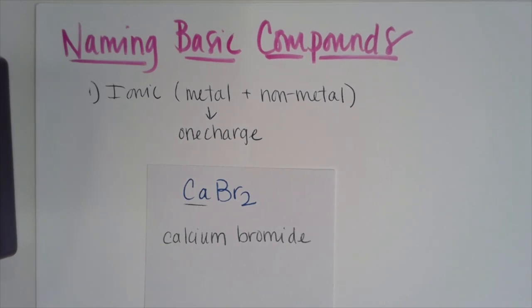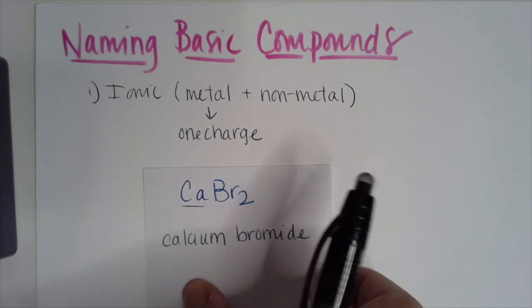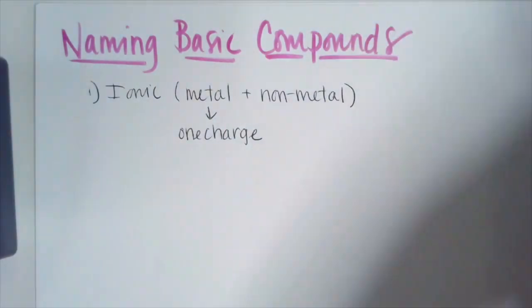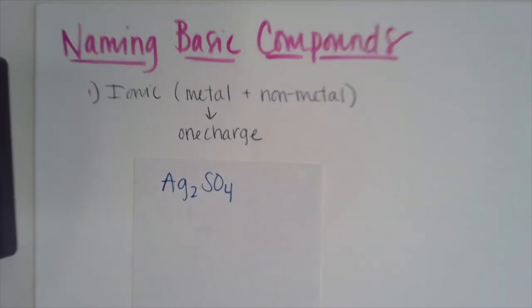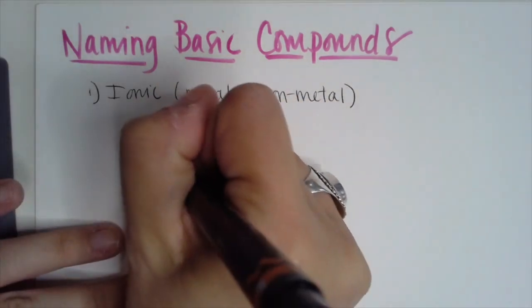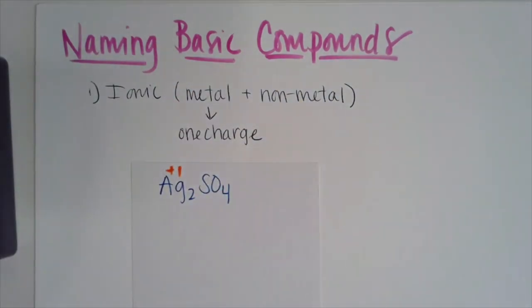Let's do another one. The only thing is we have a polyatomic ion with this. So here's Ag2SO4. Ag is silver, and that is one of your transition metals that does only have one charge. The charge for silver is always going to be +1. In Chem 1 and Chem 2, you can always look this up on your chart.